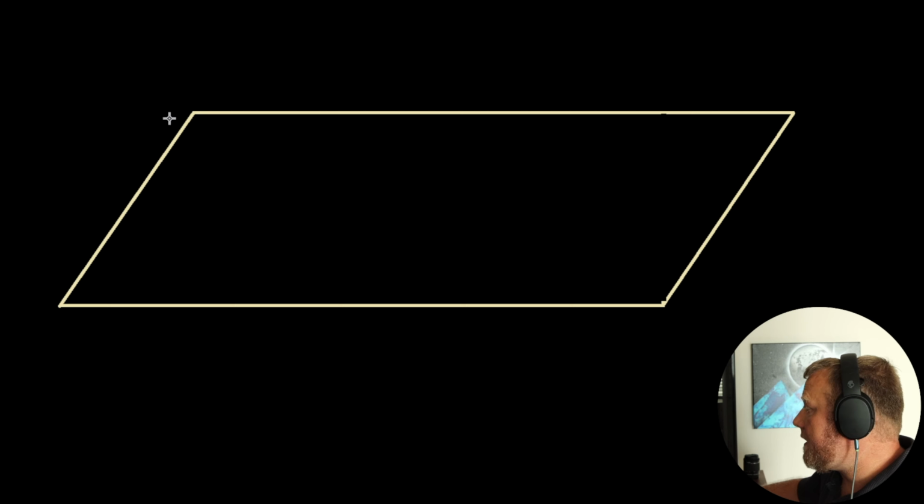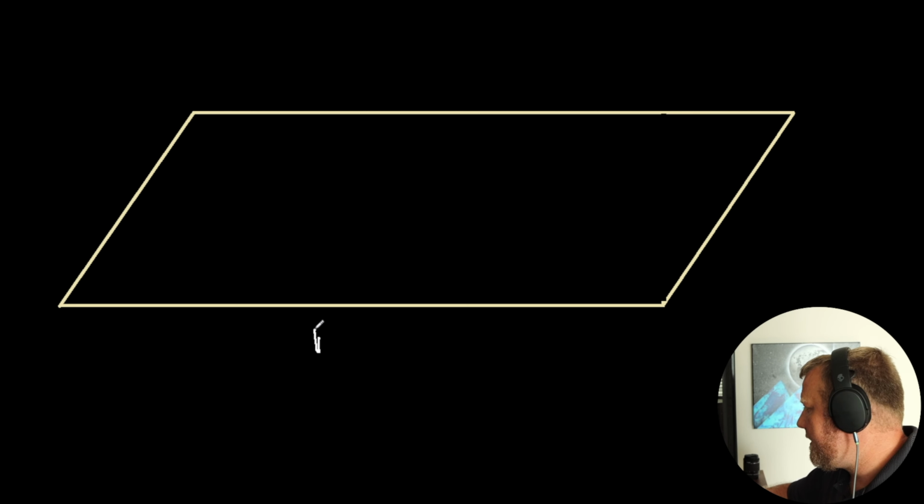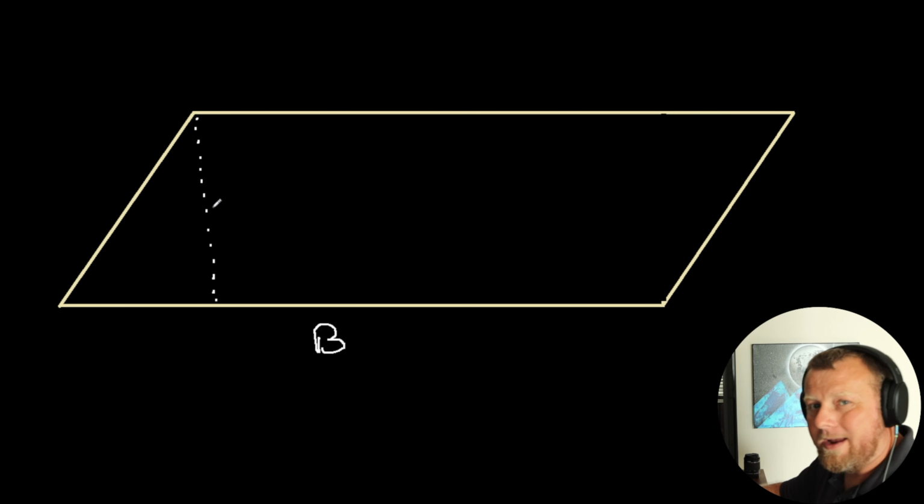Okay, so the area of a parallelogram. First, let's label it. I will say that this is the length or the base. Let's call it B for base, and the height I'm going to draw right here, all the way down. That's just saying the base times height or altitude or whatever the term might be.